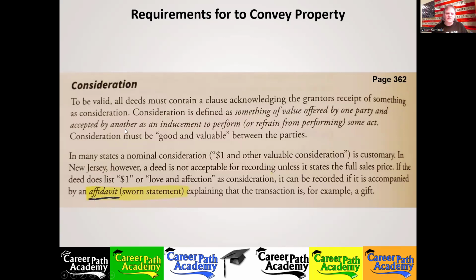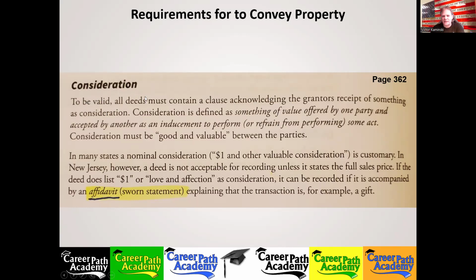That's at the bottom of page 362. An affidavit is a sworn statement.